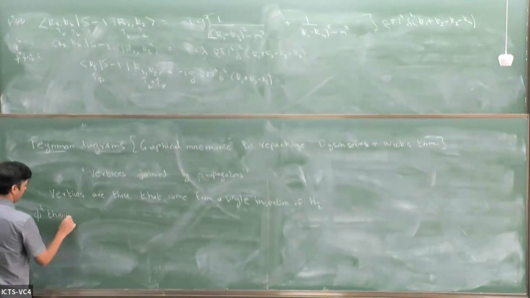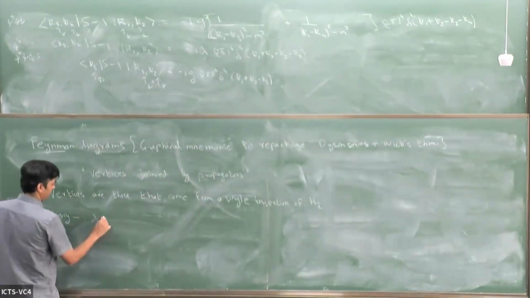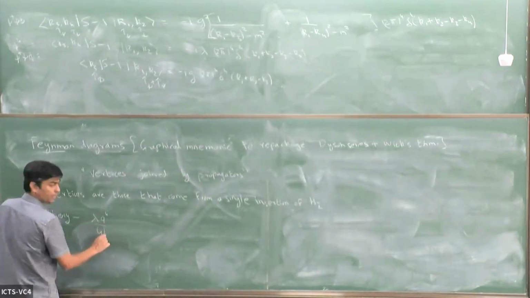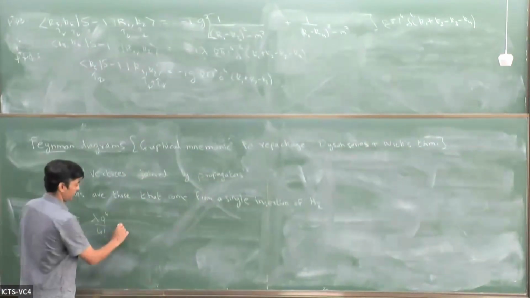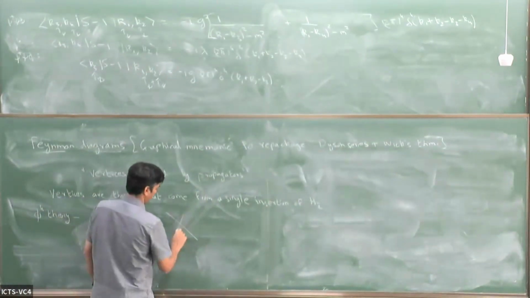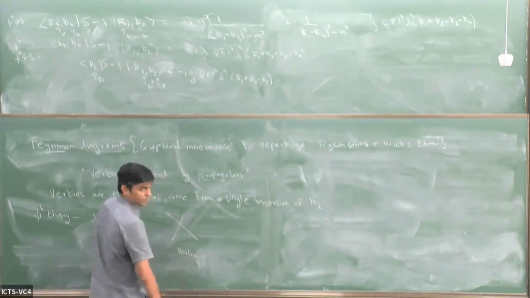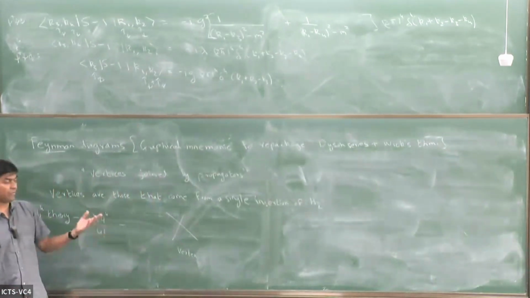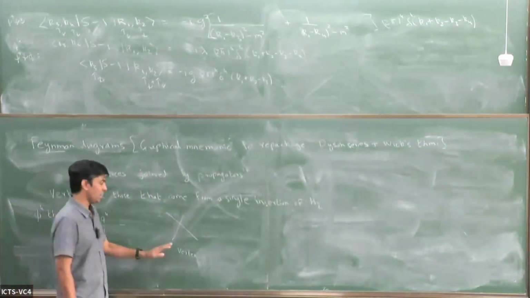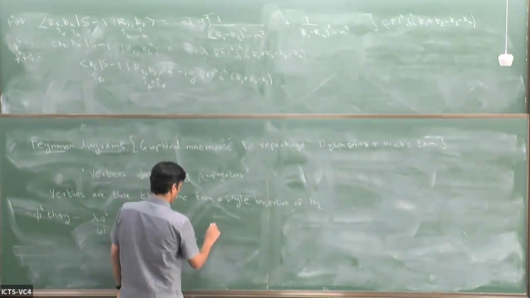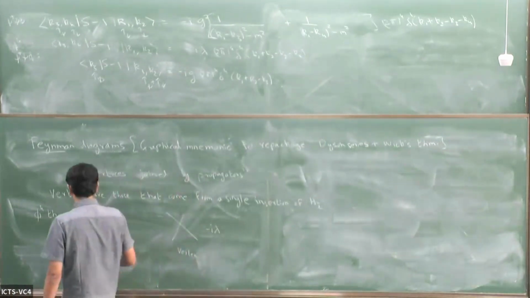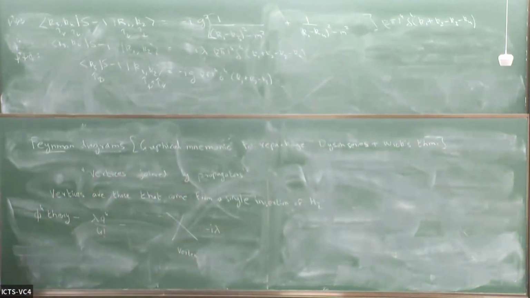what is H_I? H_I is lambda phi to the 4 by 4 factorial. And what is the vertex? The vertex is just this. You have to associate a value with this vertex, and the value in this case is minus i lambda, not minus i lambda by 4 factorial.